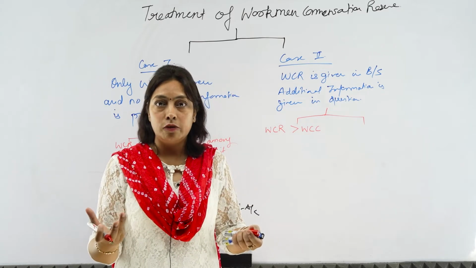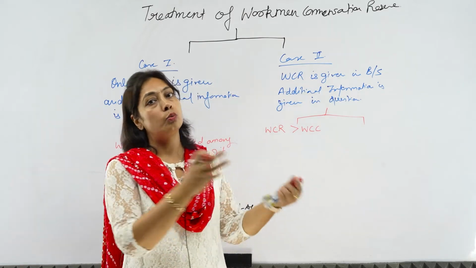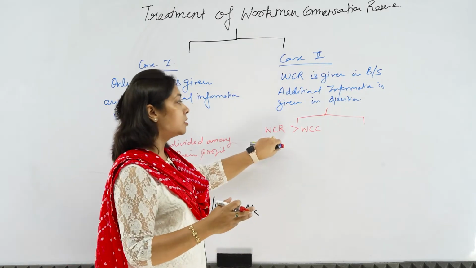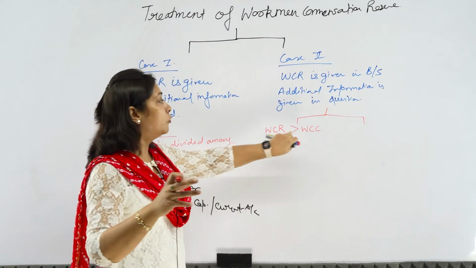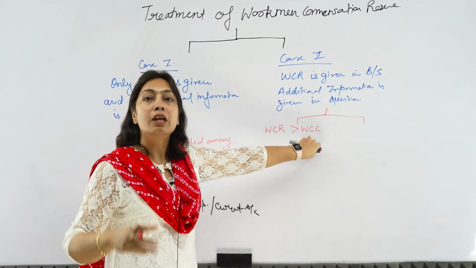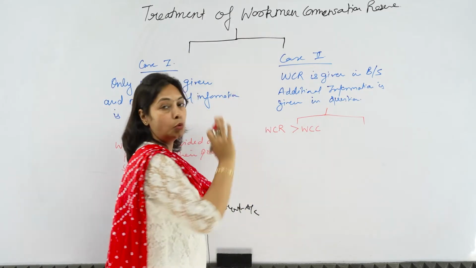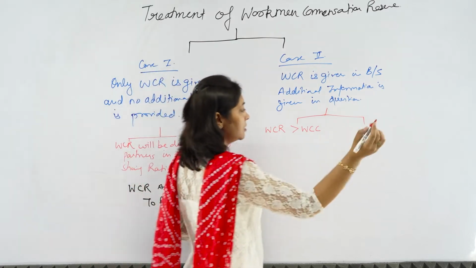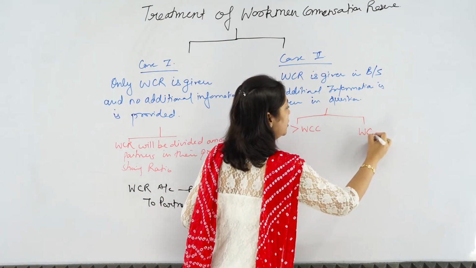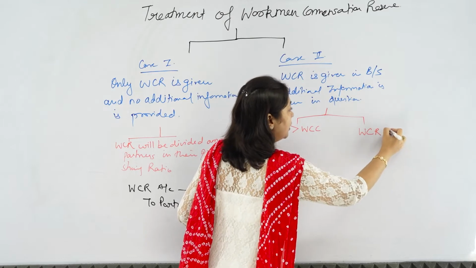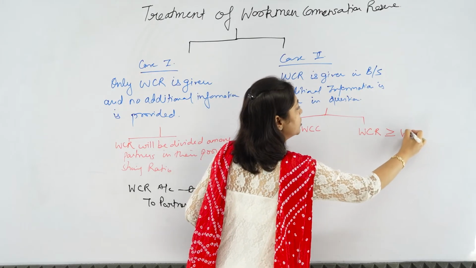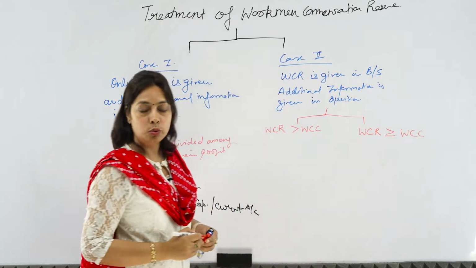If we have some liability, we can fulfill that liability through that reserve account. So workmen compensation reserve is basically prepared to fulfill the workmen compensation claim if it arises. The next case is if WCR is less than WCC. These are the two cases.